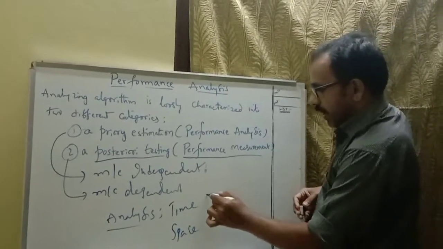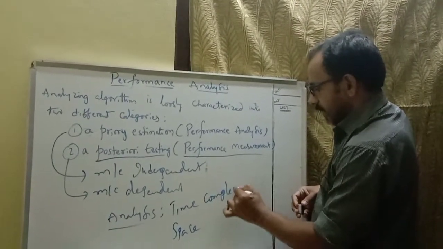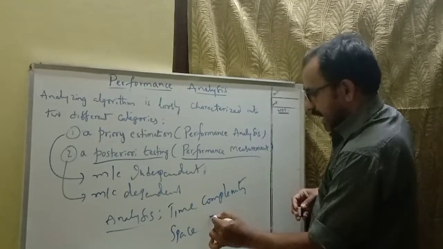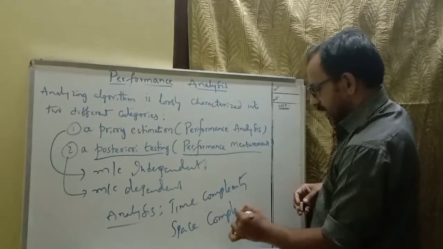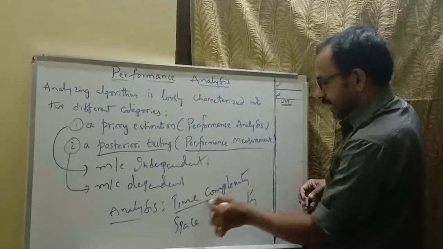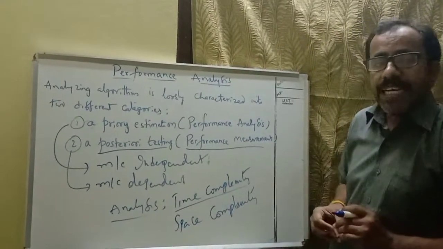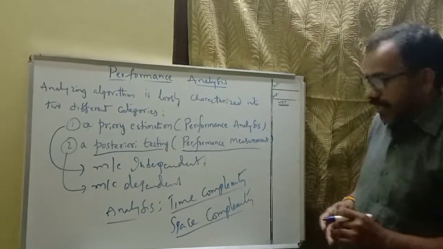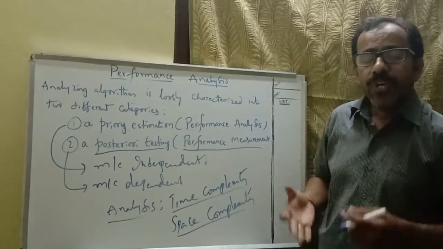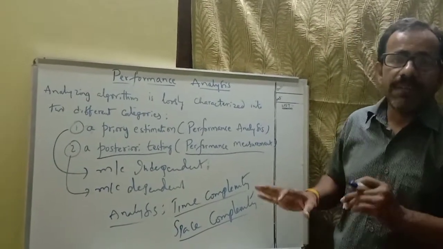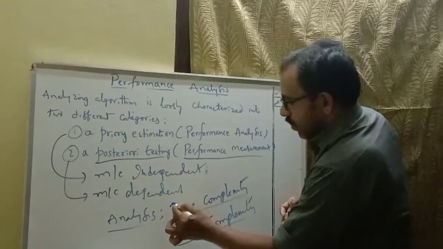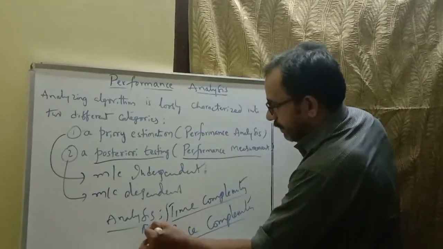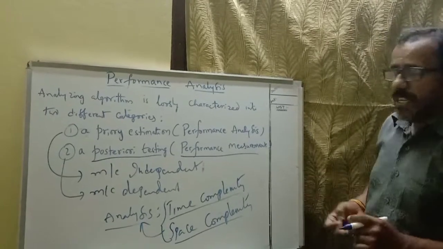So we call the first one time complexity, and the second is space complexity. In time complexity, we calculate the total time needed to solve the problem, and in space complexity, we calculate the total space required to store the program and the data and for running. These two are the goals of performance analysis or performance measurement.